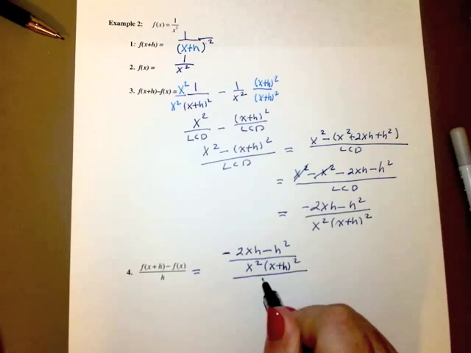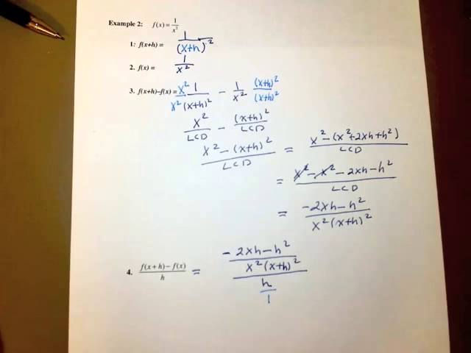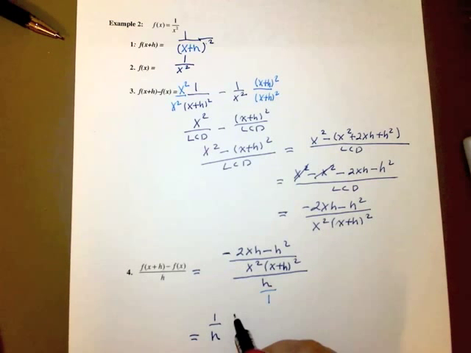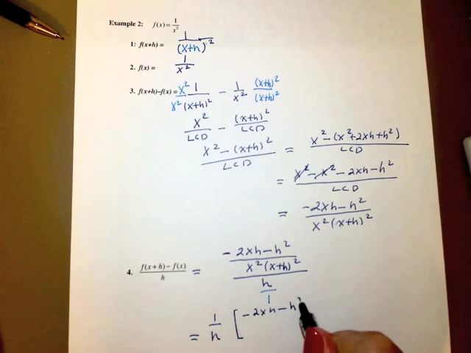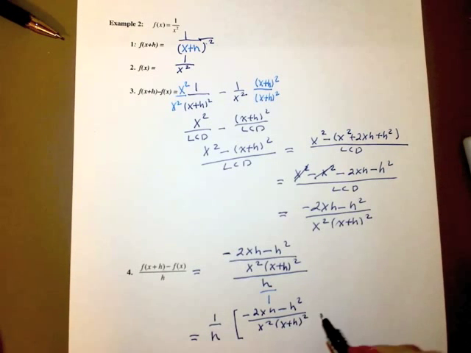That all gets divided by h, and remember that this is h over 1. So I get to invert and multiply because this is a complex fraction. 1 over h times minus 2xh minus h squared all over x squared times x plus h squared.